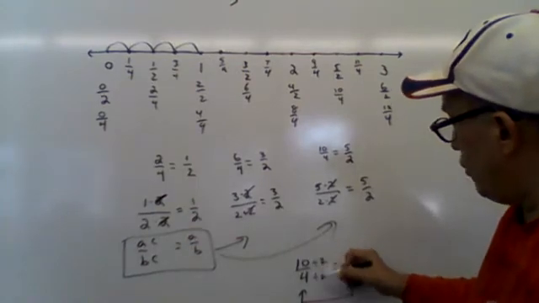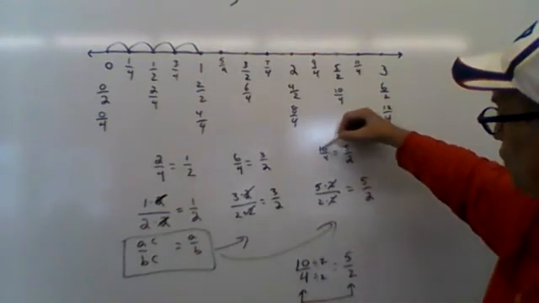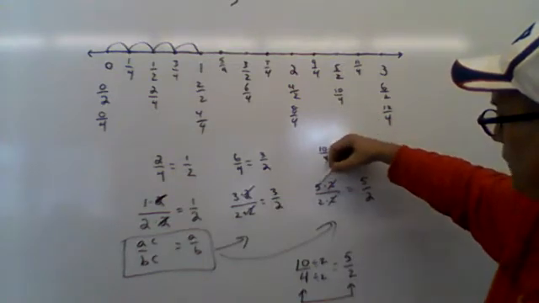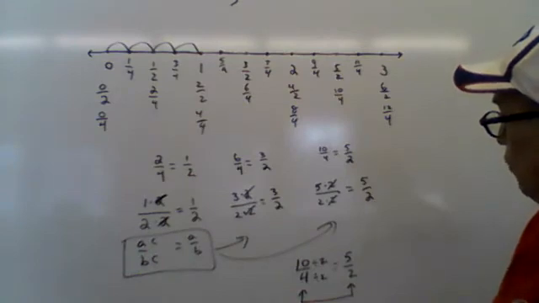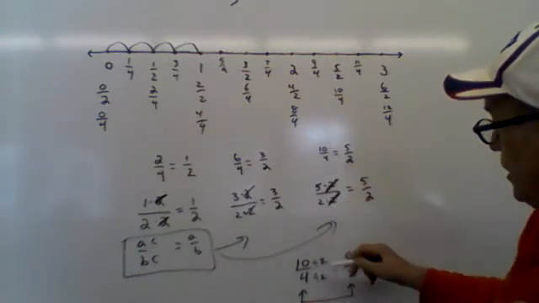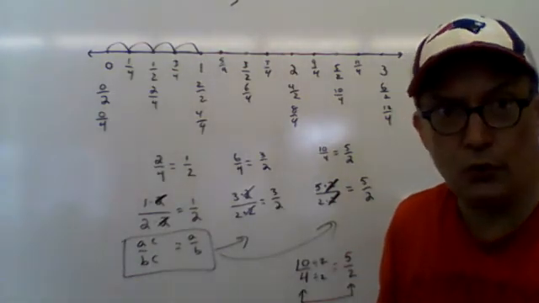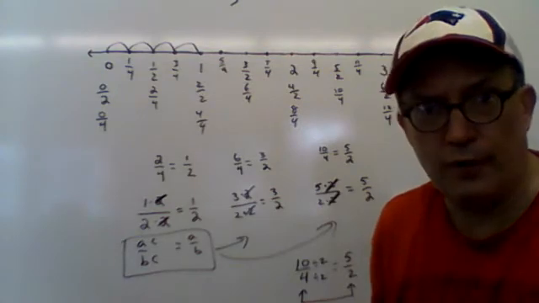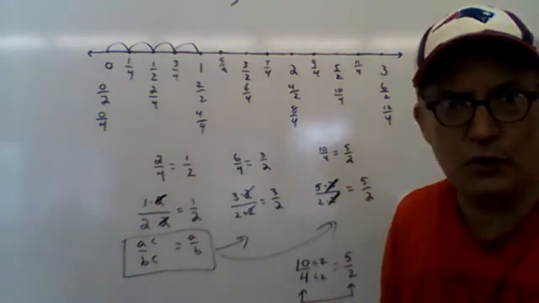Dividing the 10 and the 4 by 2 is equivalent to rewriting the 10 over 4 as 5 times 2, which is 10, over 2 times 2, which is 4, and then canceling the 2's. Canceling these 2's is equivalent to dividing the top and bottom by 2. But as you go forward, it's going to be helpful to see it this way as the canceling of the 2's.